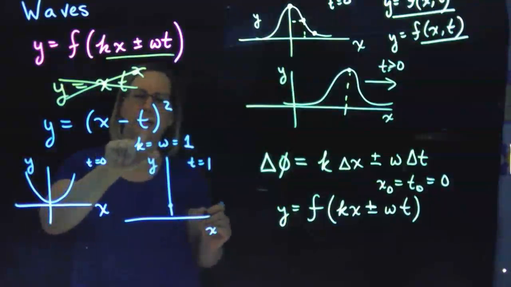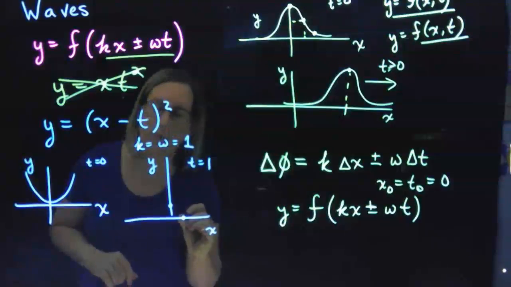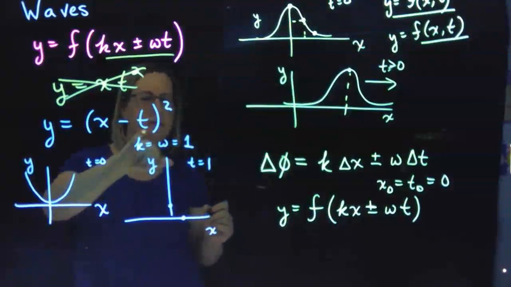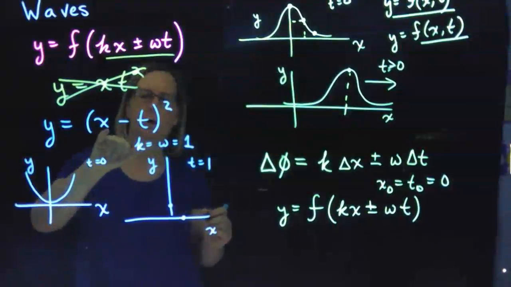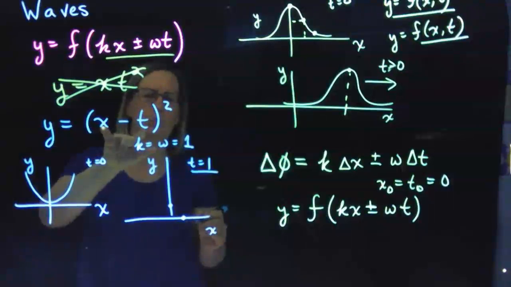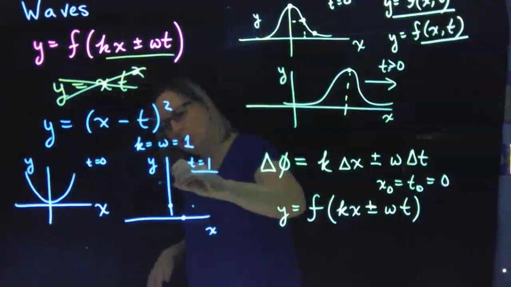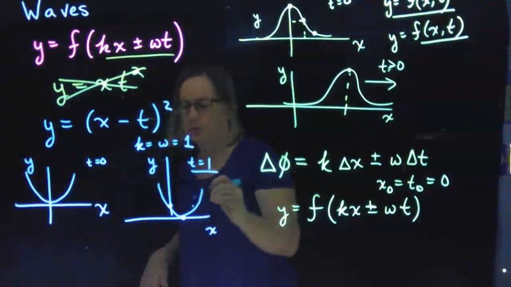And then at t equals 1 and x equals 1, I get a 0. So let's say right here, that would be my 0. Then at t equals 1 and x equals 2, I'd have a 2 minus 1, or a 1 squared, and I'm like this. And so I'm back to a parabola, sort of.